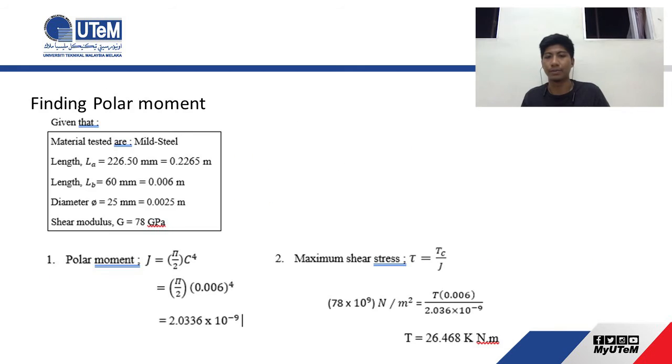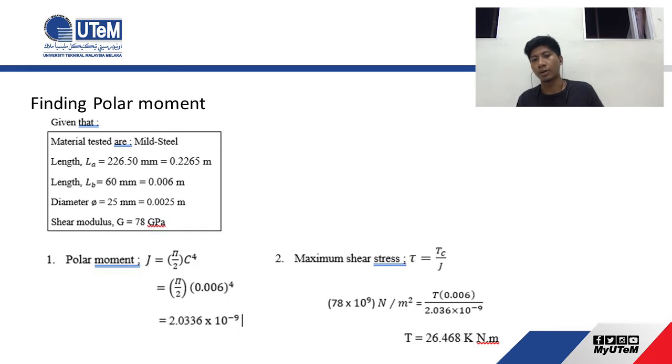The first material that we tested is mild steel, and the shear modulus G is 78 gigapascal. Other than that, the lengths LA, LB, and the diameter are the actual lengths that we got from the L handle socket. Okay, so first one, polar moment.